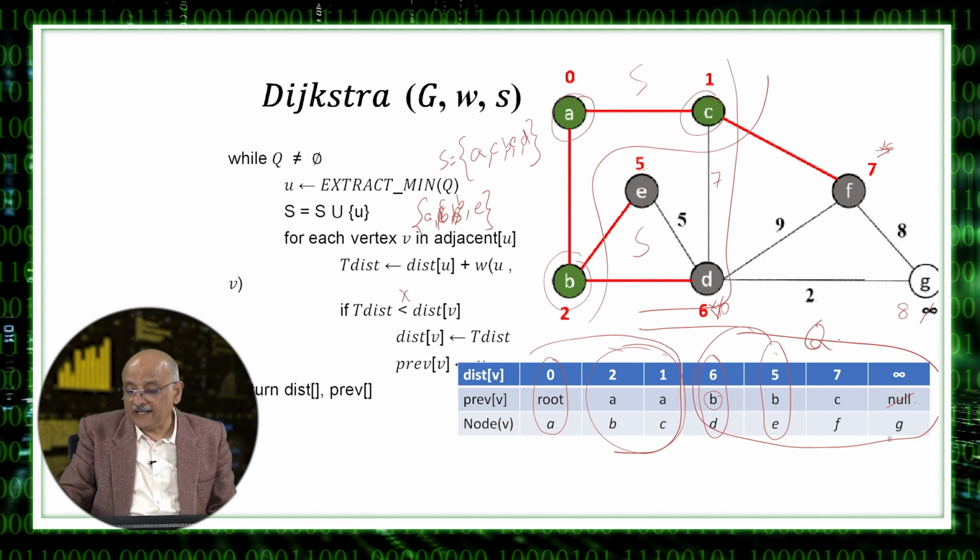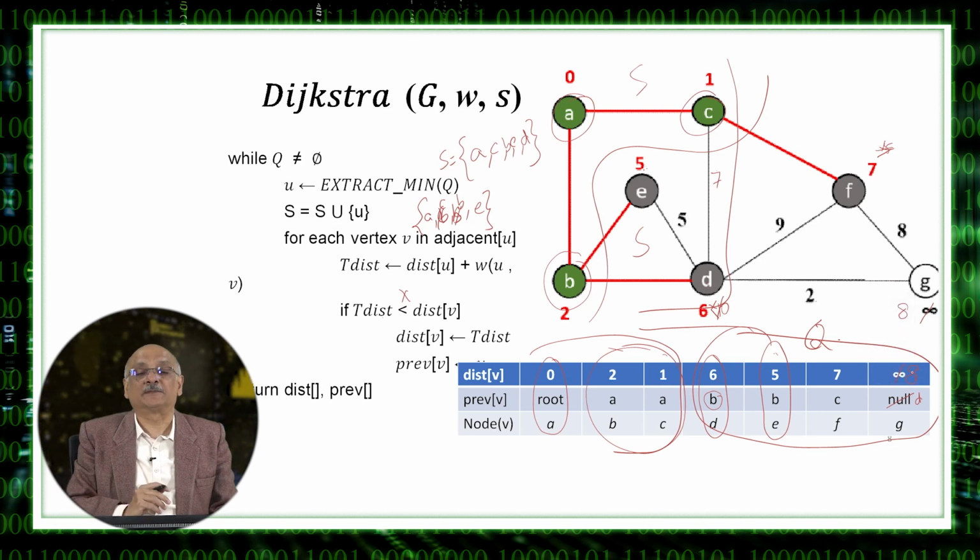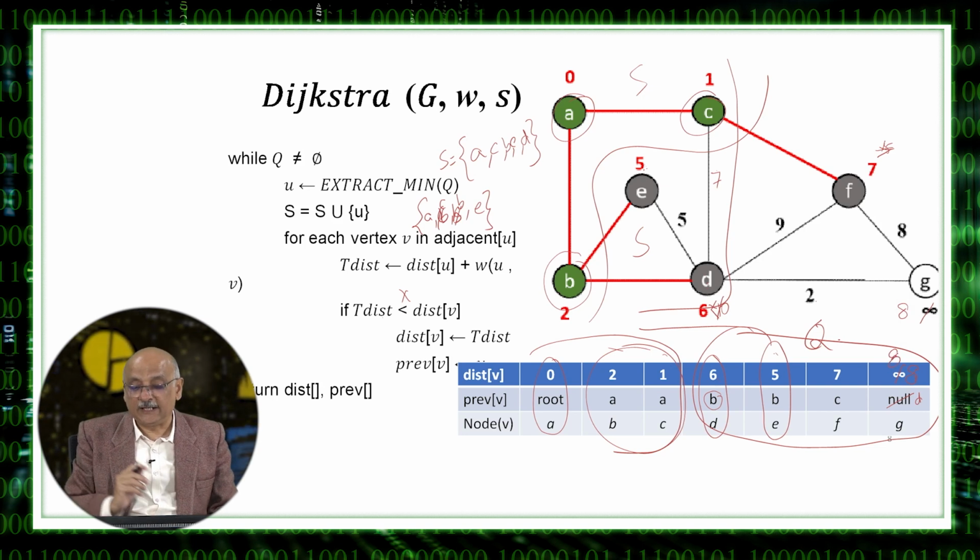Now we will say D is the predecessor for G, and the weight is not infinite, it is going to be just 8. So this is going to be changed to 8.